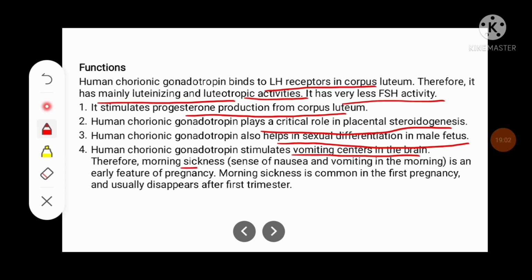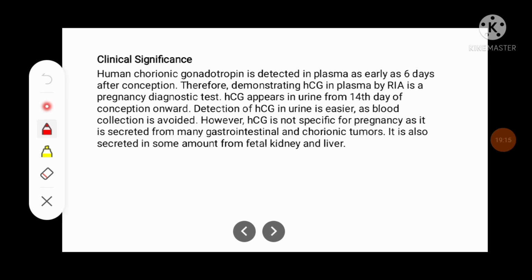Therefore, morning sickness, that is a sense of nausea and vomiting in the morning, is an early feature of pregnancy. Morning sickness is common in first pregnancy and usually disappears after the first trimester. HCG is detected in plasma as early as 6 days after conception. Therefore, demonstrating HCG in plasma by radioimmunoassay is a pregnancy diagnostic test.